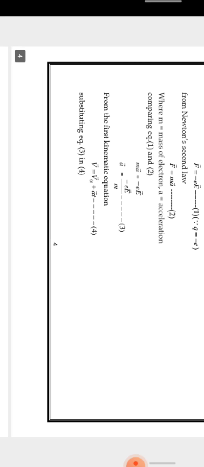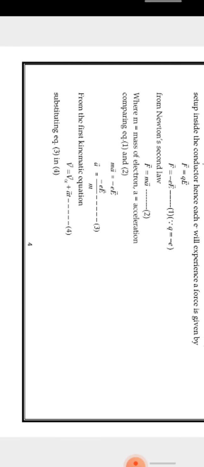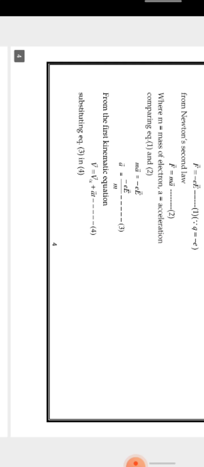That force is F equal to QE, where Q is the charge. The charge of an electron is minus e. So force F equal to minus small e into capital E. Small e is the charge of the electron and capital E is the electric field. That is equation number 1.